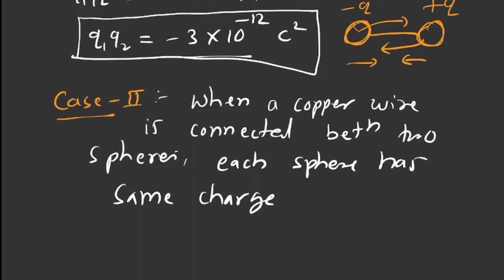So you have to remember this point, very important. When you connect the copper wire for a short interval of time, the spheres have the same charges and the same polarity.